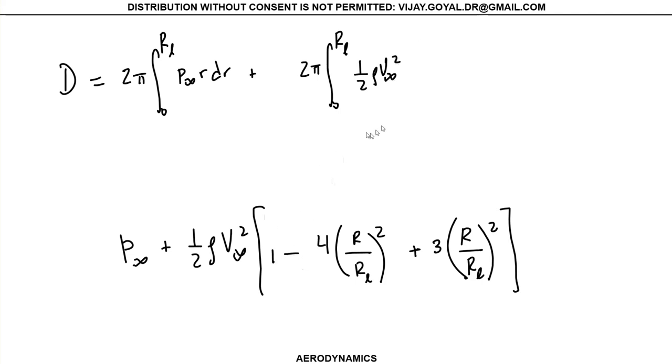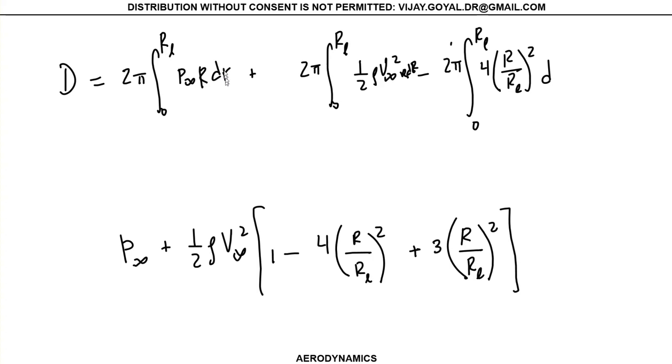Then you go to the second term, minus 2 pi, 0 to RL of 4 times RL squared. There's a R dR, minus R dR.